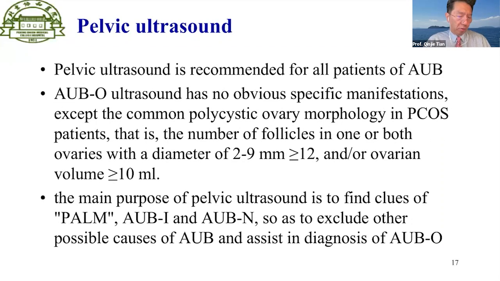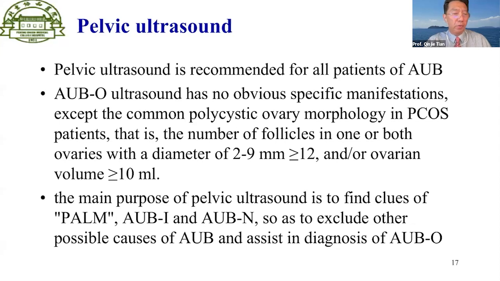Pelvic ultrasound is advised for all patients presenting with AUB. In AUB-O, ultrasound typically does not exhibit distinctive specific features, with the exception of the prevalent PCOS observed in patients with PCOS. The primary objective of pelvic ultrasound is to identify indications of PALM, AUB-I, and AUB-N.